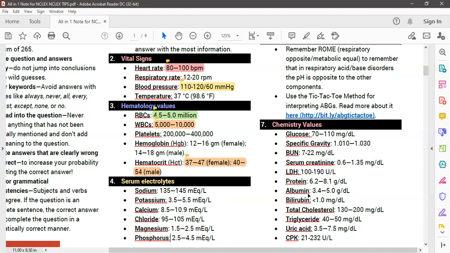Next is bilirubin. Bilirubin is formed in the biliary system, inside the liver.